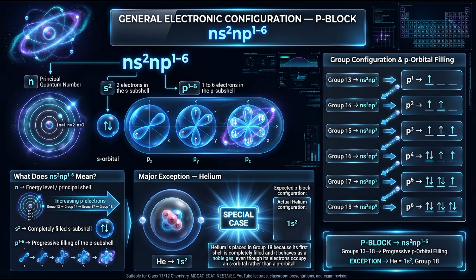Since 3 p orbitals can accommodate a maximum of 6 electrons, there are 6 p-block groups, from group 13 through group 18. This single electronic configuration is the foundation for understanding the position, group classification, valence electrons, periodic trends, reactivity, and chemical properties of the p-block elements.